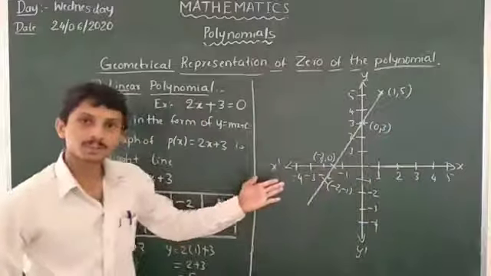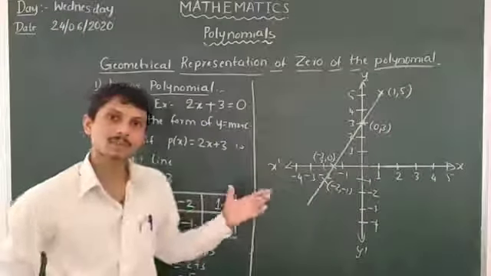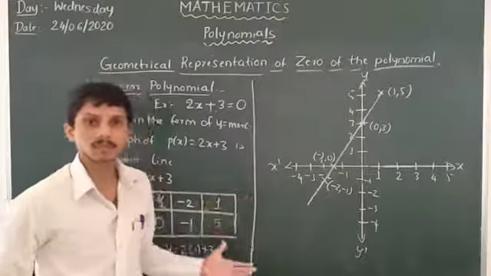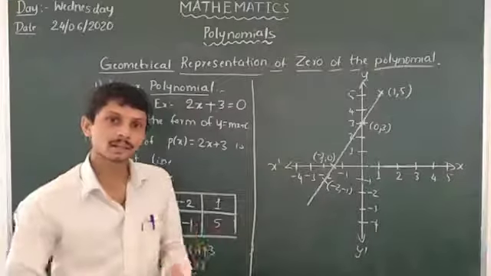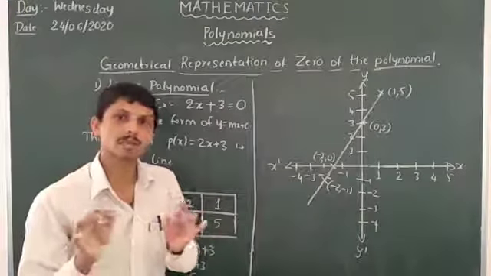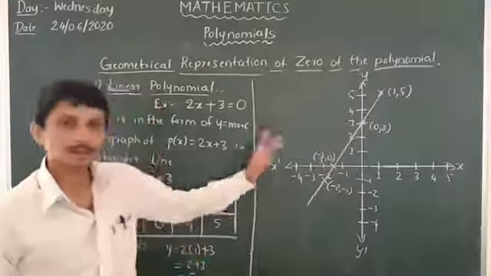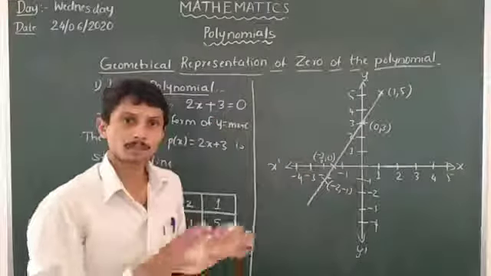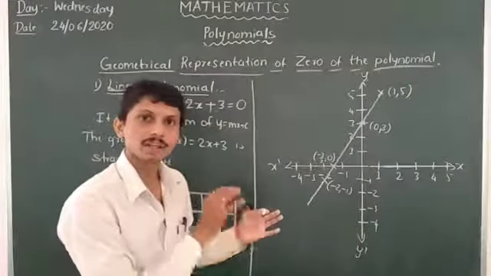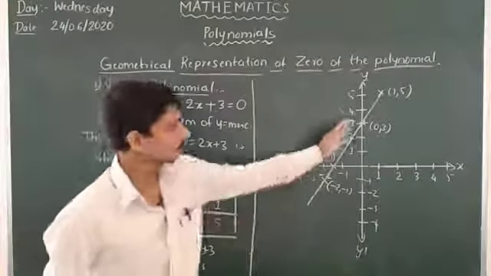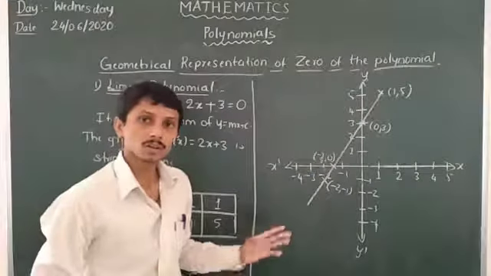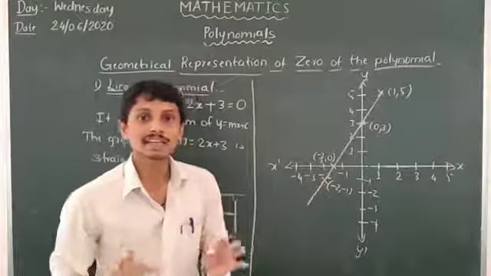So observe this graph. After we substitute the values of x and get the values of y, we get the x coordinates and the y coordinates. We have some points here. After drawing the graph and pointing those points, we joined them, so this looks like a straight line.